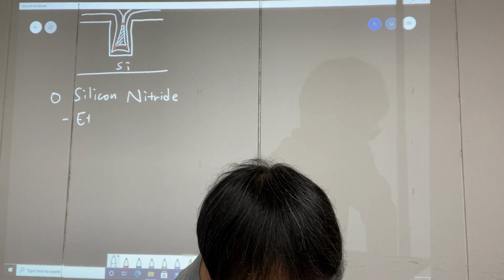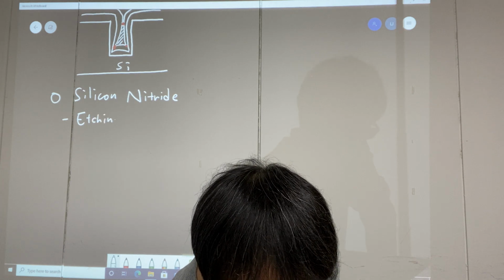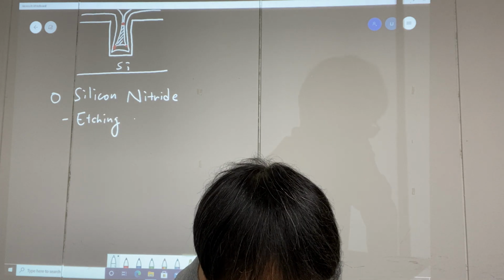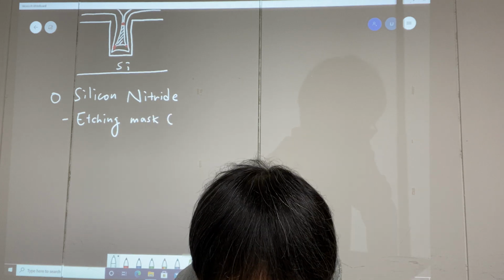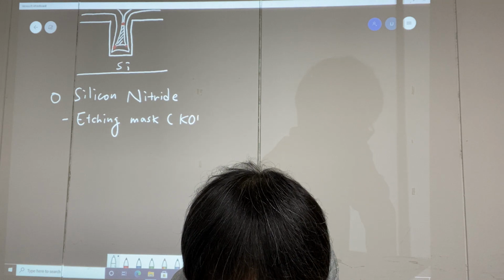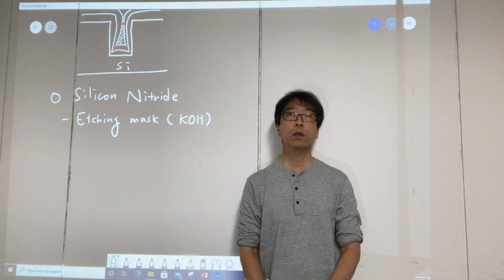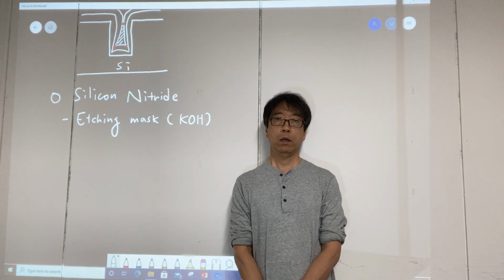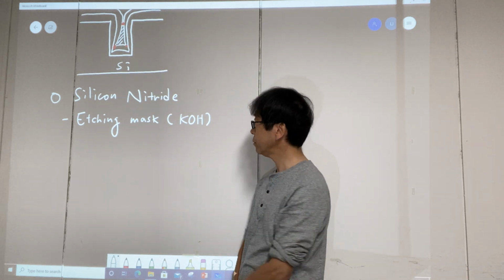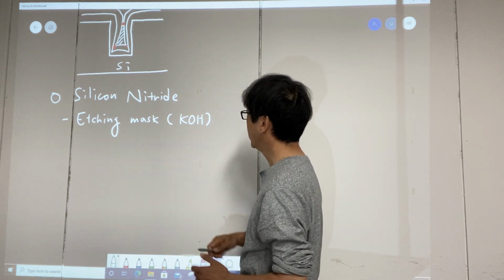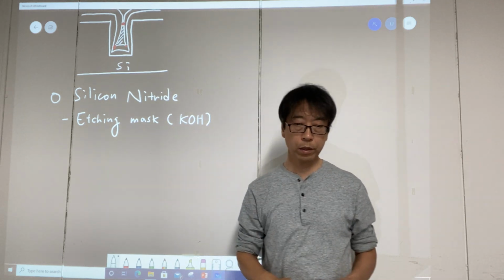Well, first of all, silicon nitride is a very tough material, so you can use silicon nitride as the etching mask. Tough against chemicals. So for instance, you're gonna learn crystal etching with, sorry, not hydrogen peroxide. What is it? KOH. Okay, KOH.